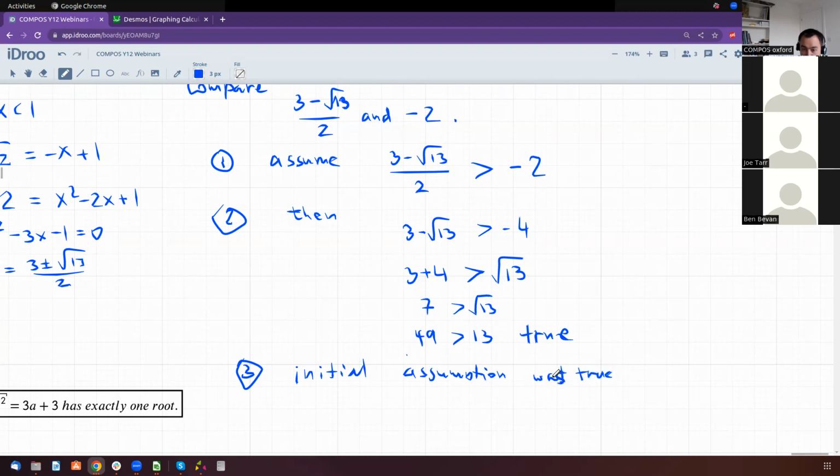I actually wanted to do it the other way around. So if you assume that this is less than minus 2, you will have a contradiction at the end. And once you have a contradiction, you say, oh, well, that means the initial assumption wasn't true. So this is how you compare two numbers without a calculator.